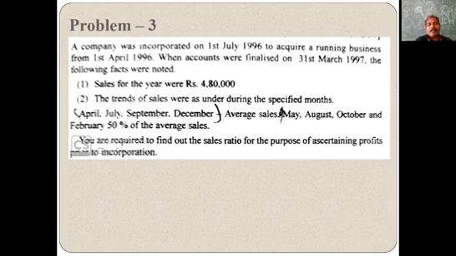They have given only 8 months, but in a year we have 12 months. We should find out the remaining 4 months, and based on that we will calculate the sales ratio.